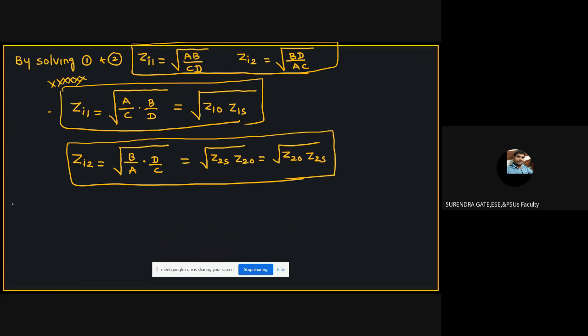This note I am giving: the image impedances do not completely define a two-port network.